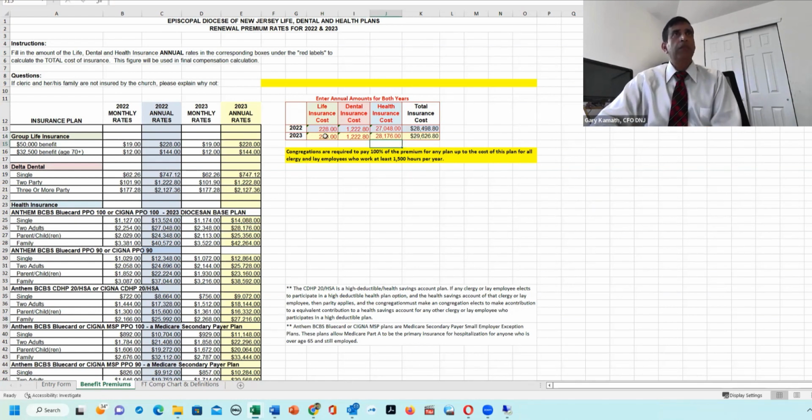So you'll see both life insurance and dental are the same. Sometimes they are the same, but sometimes they do change. Health insurance this year has changed. So 28,498 is the total insurance cost in 2022, and 29,626.80 is the total cost for 2023. And you'll see this moving on to the next page when we go there.